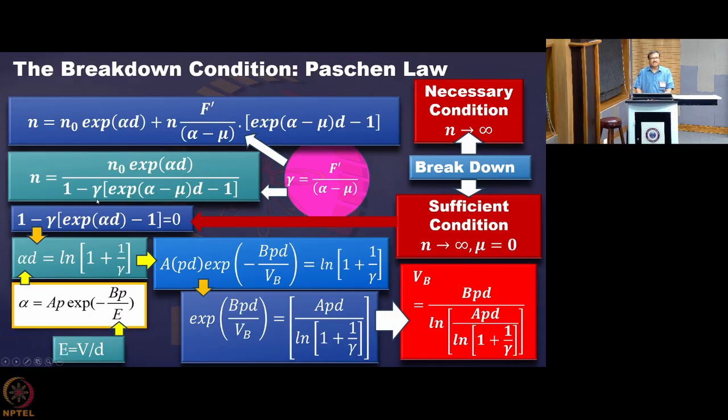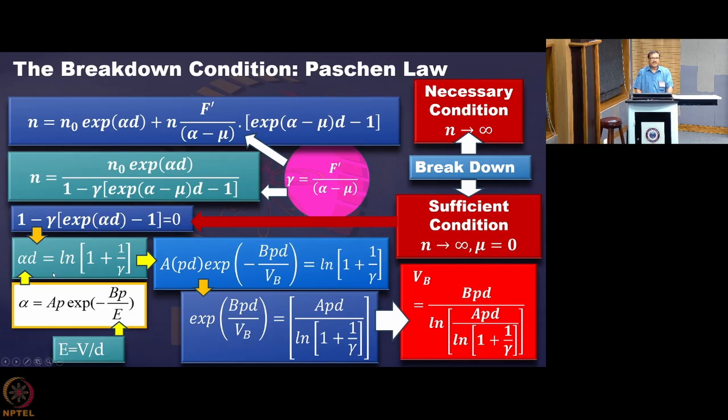So that will just give us the sufficient condition for the number of electrons reaching the anode to be infinite. So we put mu equal to 0 and make this denominator 1 minus gamma exponential alpha d minus 1 equal to 0. So that is the sufficient condition. Now it is very easy algebraic manipulation, and you can see that we can write this alpha d as log of 1 plus 1 by gamma.